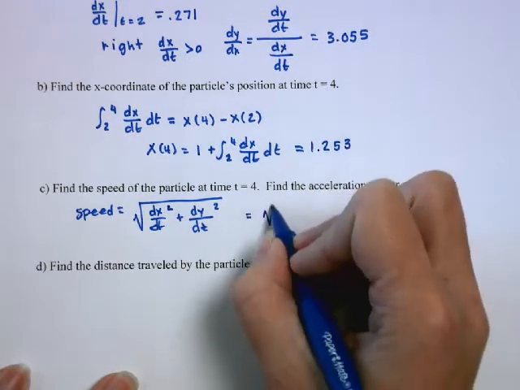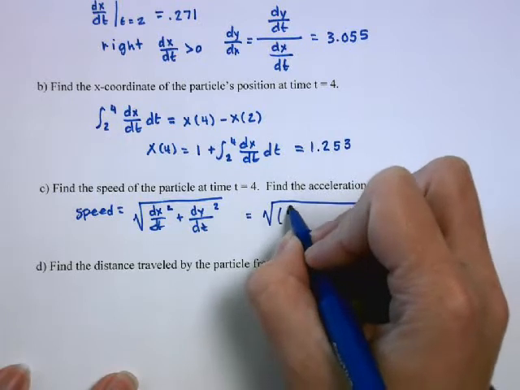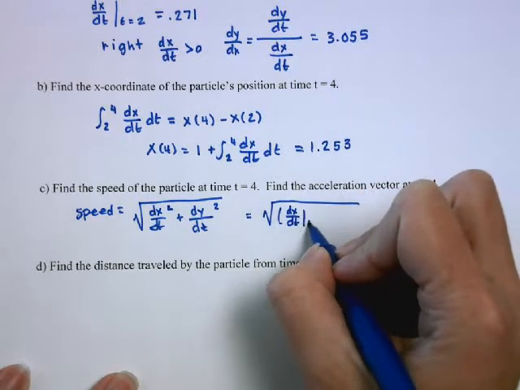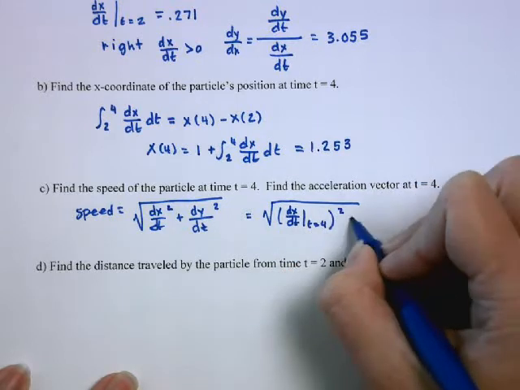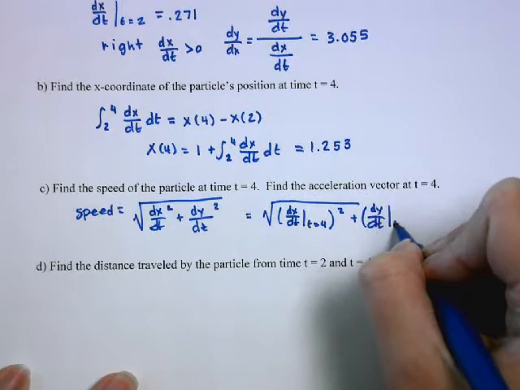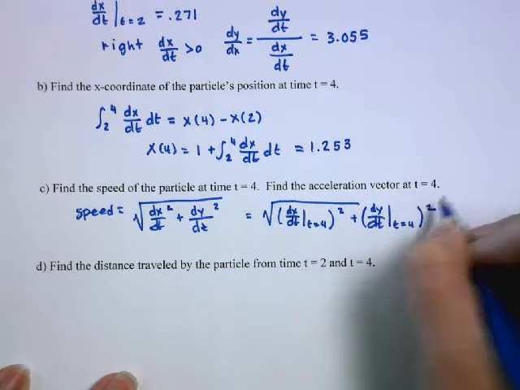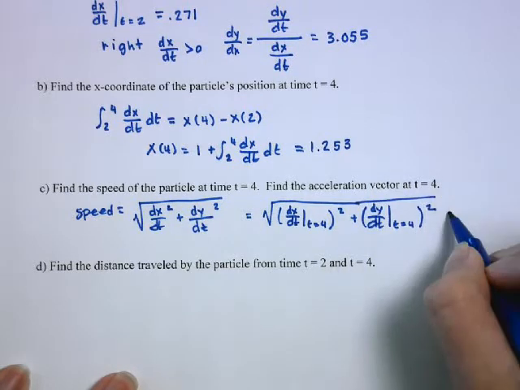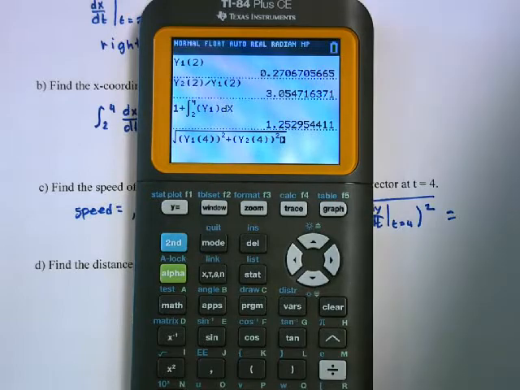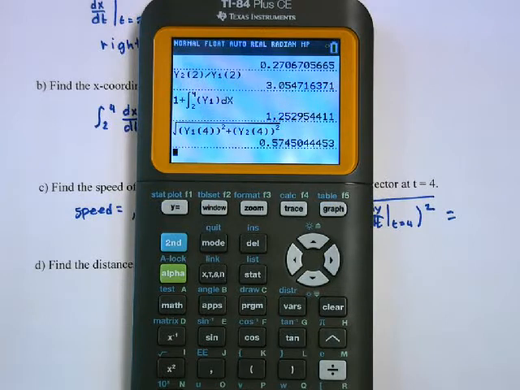So this is going to be the square root of dx/dt evaluated at t equals 4 squared plus dy/dt evaluated at t equals 4 squared. And then we're just going to type that in the calculator. Using good parentheses, you get a speed of 0.575.